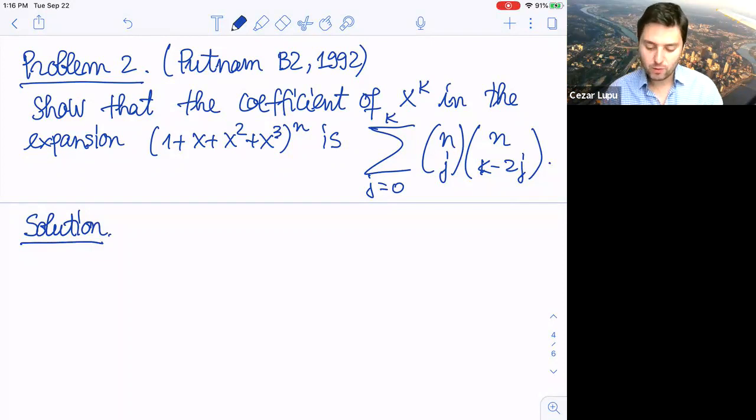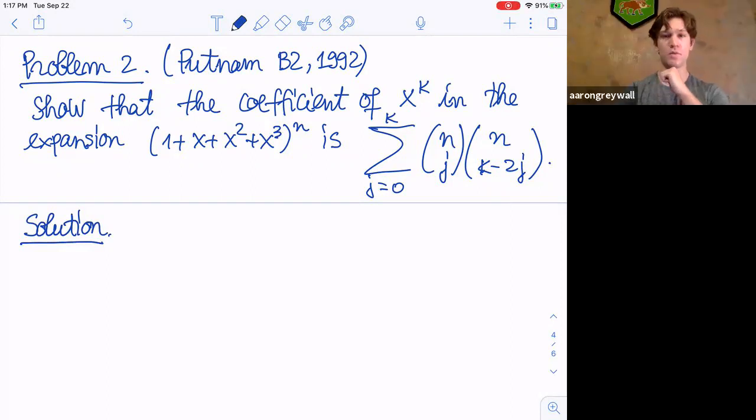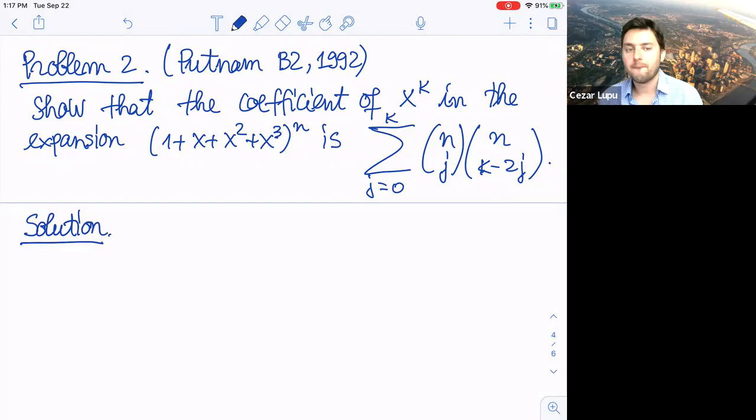So you will be tempted to do something, right? What would you do? I'm actually curious. Try to use the multinomial formula. Yes, that would be an idea, but can you imagine?